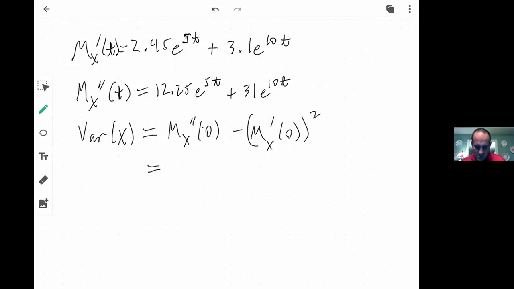Okay, so what would I get here? Well, if I evaluate the second derivative at 0, what do I get? Well, it's going to be 43.25 minus, okay, a first derivative evaluated at 0, and then I have to square that. So that's going to be 2.45 plus 3.1, which is 5.55, and then I have to square that, so 30.8025.